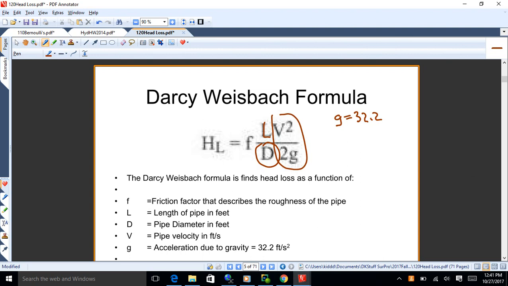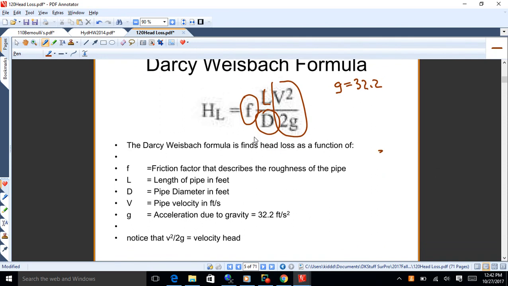The bigger the pipe, the less the head loss, so that goes on the bottom. Now all these things are in feet, which might be a little odd, but you've got to get diameter in feet. And then they also have a friction factor, which describes how rough the pipe is on the inside. That affects the flow going through.